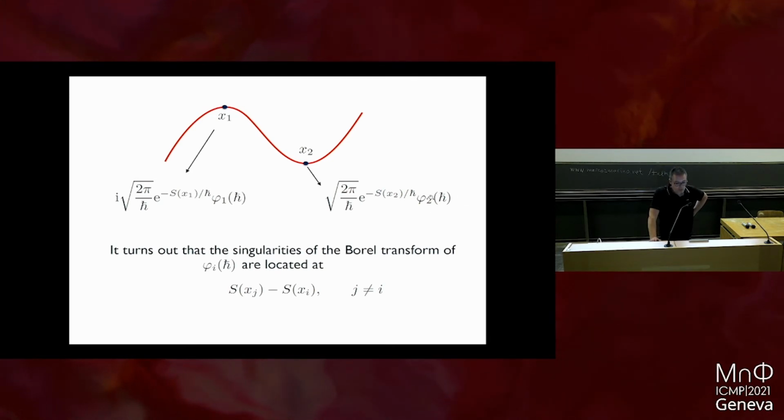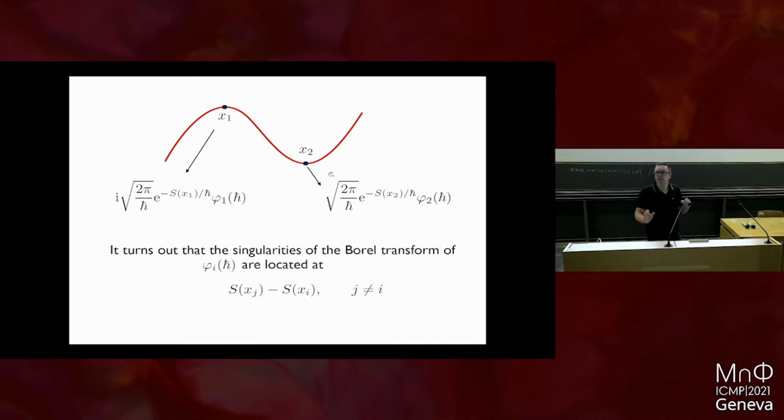Well, actually, what you find is that the first singularity that you will find in the Borel plane for this formal power series will be located at S of x1 minus S of x2. Okay? So what is very interesting here is that this Borel transform tells you that there are other critical points in your saddle point integration that you didn't look at, but they are present there.